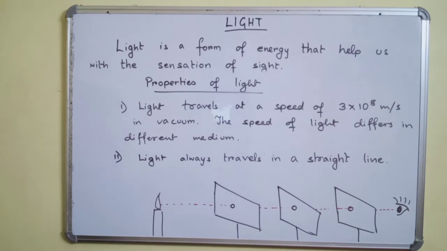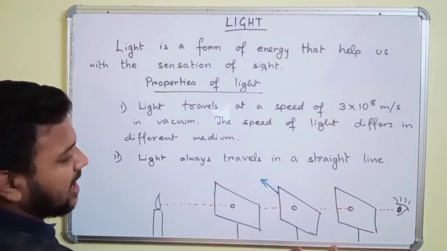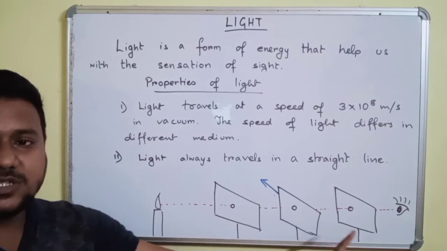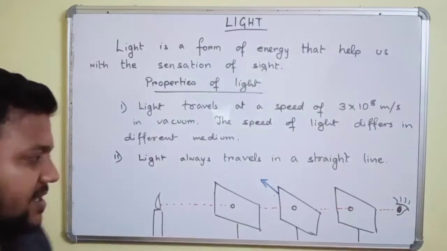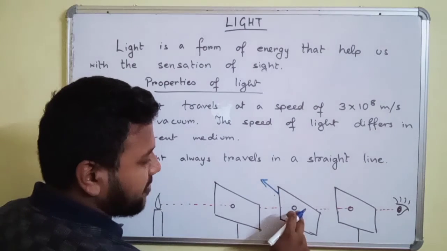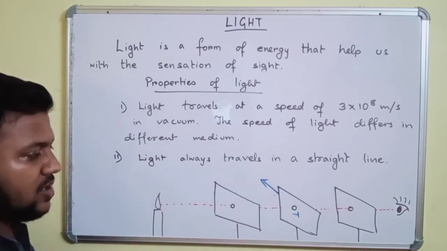Okay, but as soon as this particular cardboard is moved aside, such that now the holes do not come in a straight line, what we will observe is that this light gets stopped till here. It does not go to the next cardboard.